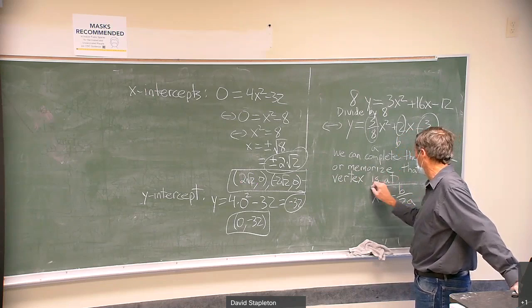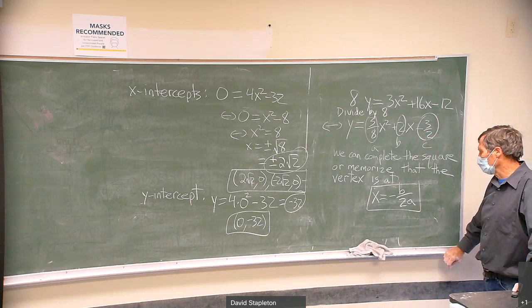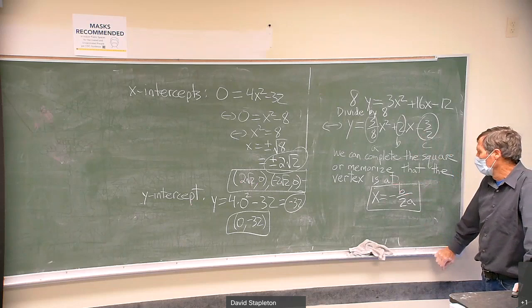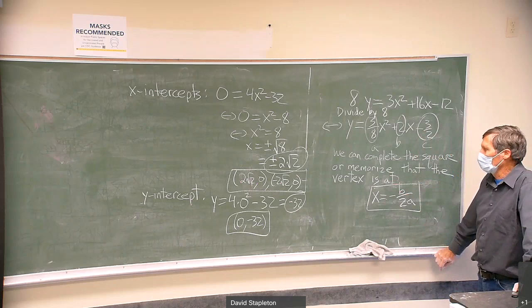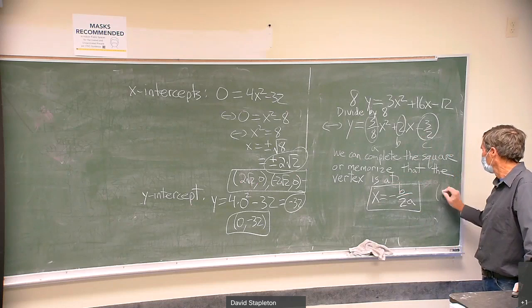I think it's worth memorizing this. The vertex always comes out there. If you do the stretch and complete the square, what comes out is always this number. Lack of time, I think I won't derive that, but when you complete the square, that's what you get. I'll call that equation 3.